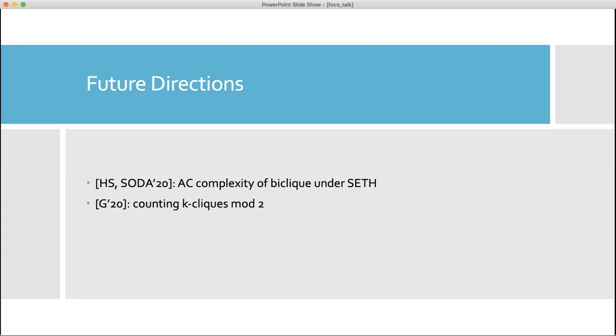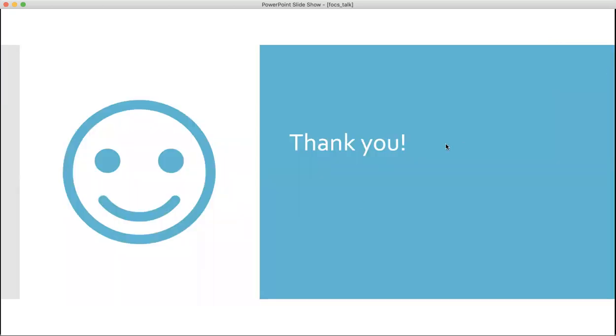And the third was Goldreich's paper that gave a nice proof for counting k-cliques mod 2. And you can see that over the course of one year, there have been three independent works. So it shows that there are a lot of directions and potential for fine-grained average case complexity that haven't really been explored yet. Thank you for listening to my talk.